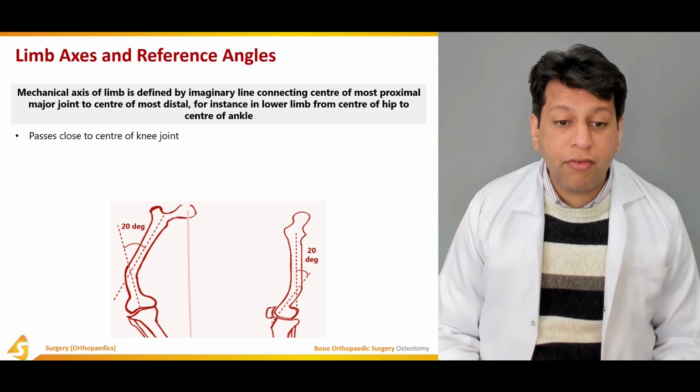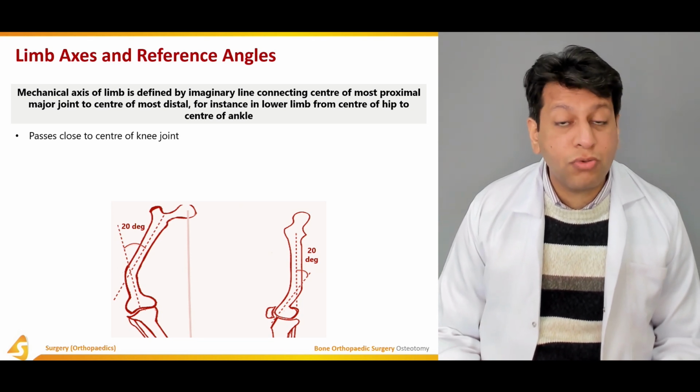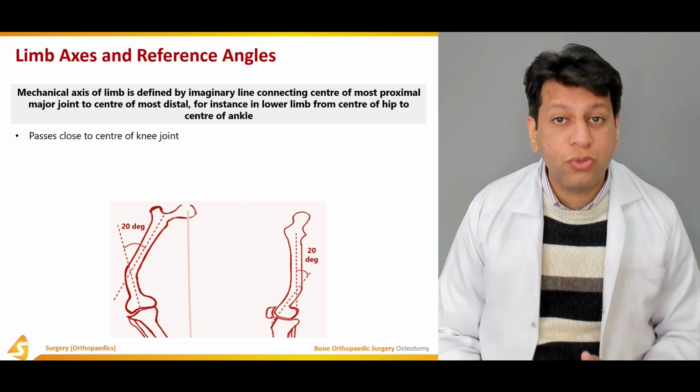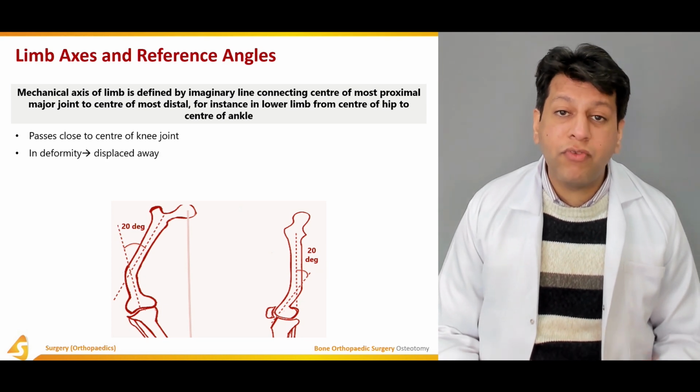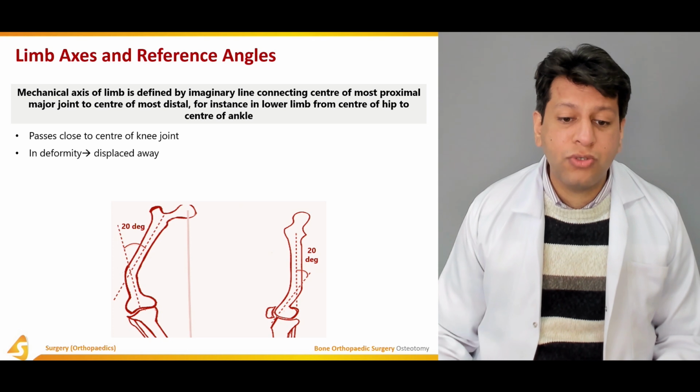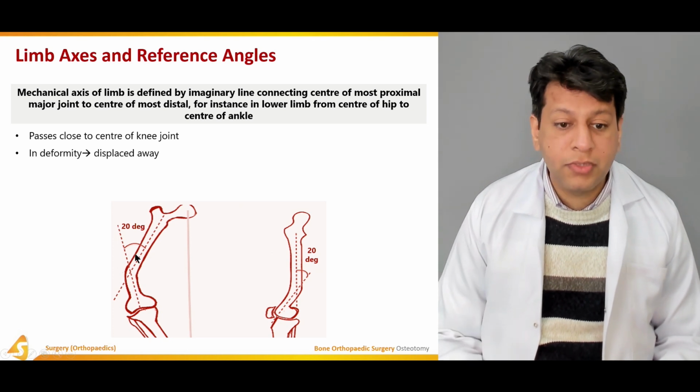Usually, as I told you, the axis passes close to the knee joint, almost through the center of the knee joint. In deformity, it is displaced away, as you can appreciate in this diagram.